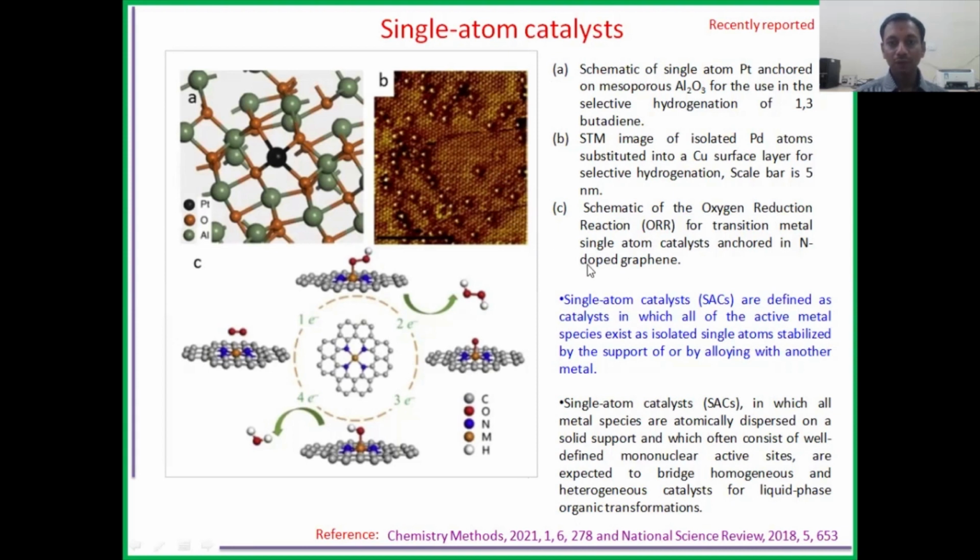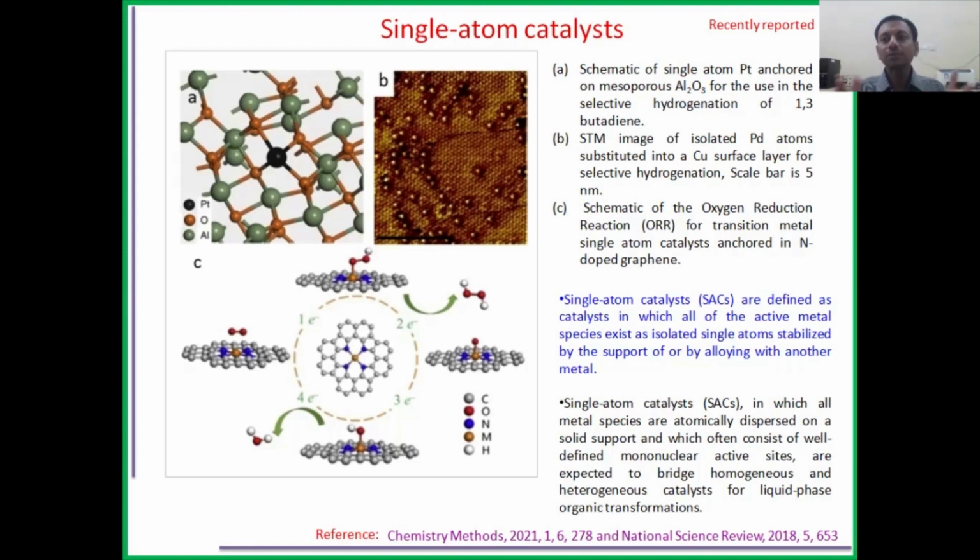So first of all, we should know what is a single atom catalyst. Single atom catalysts are defined as catalysts in which all the active metal species exist as an isolated single atom, stabilized on the support. That support can be porous, obviously, and by alloying another metal also.